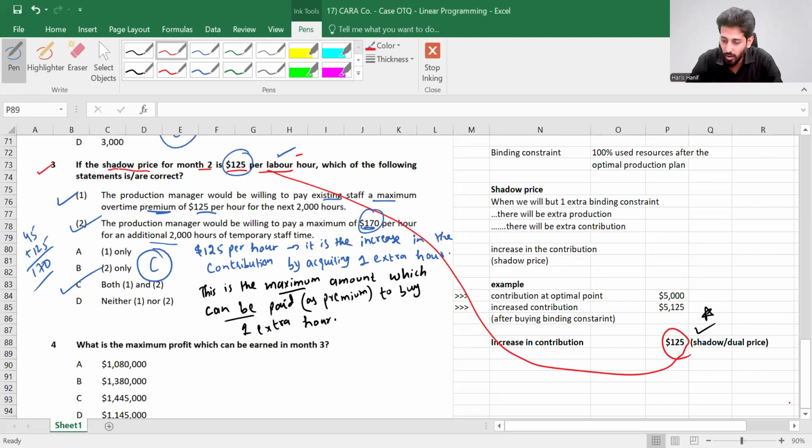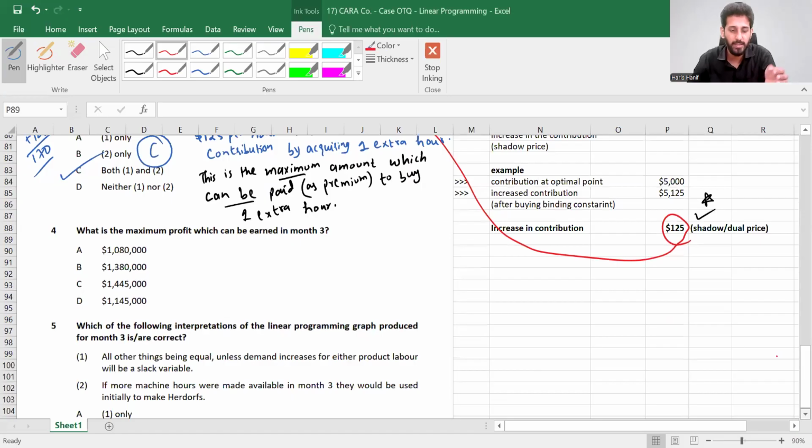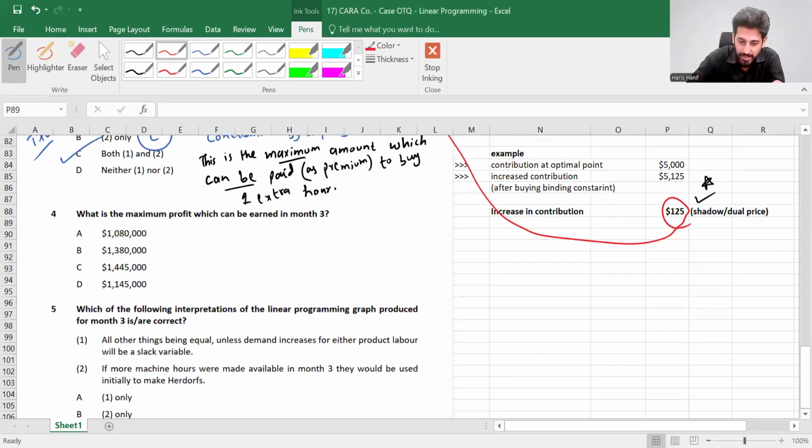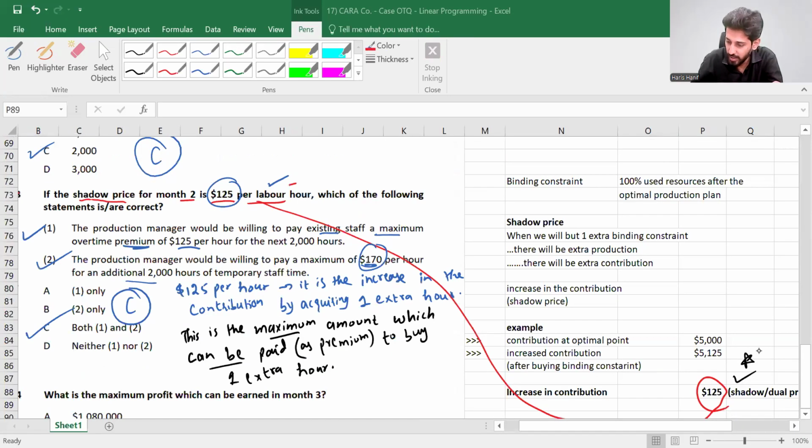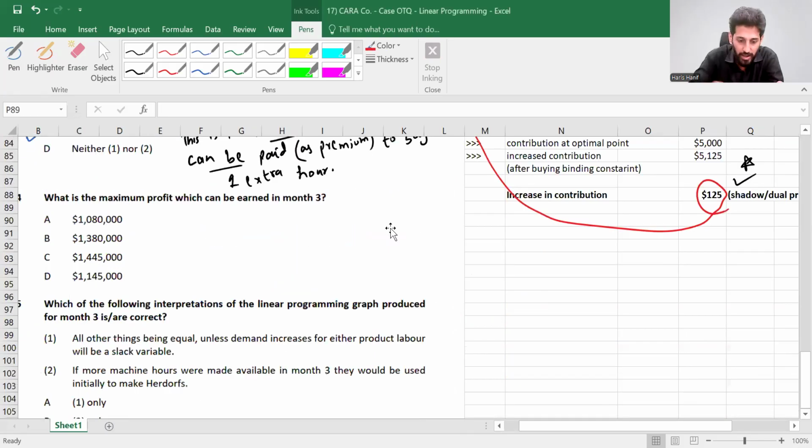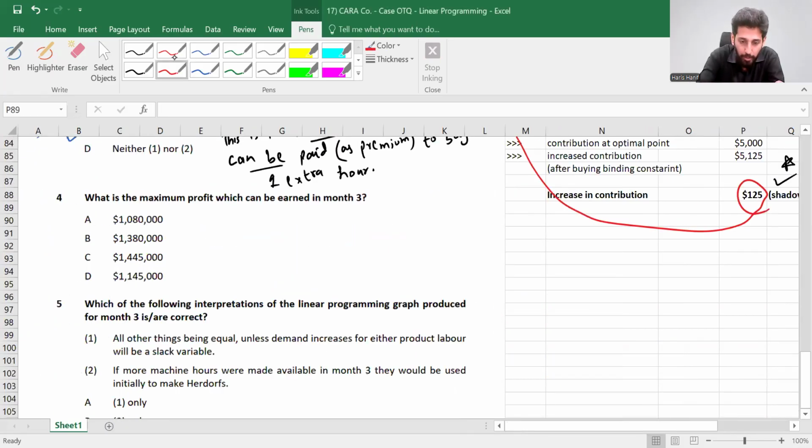Okay, so now let's move on to the next question. The next question is, what is the maximum amount of profit which can be earned in month 3? They are asking the maximum profit which can be earned in month number 3.